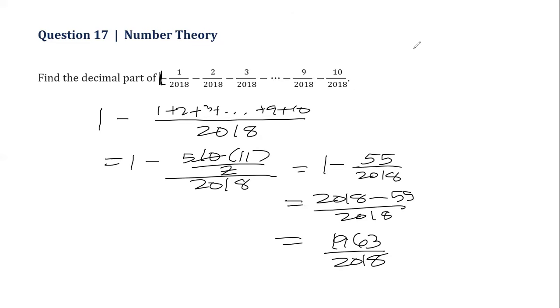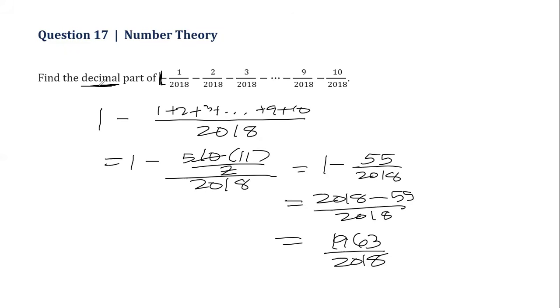I have a question, teacher. Where's the decimal? Decimal part. Oh, okay. So this was the phrasing of the original question, but realistically, you cannot compute the actual decimal part in an exam, right? I mean, at least not without a calculator.